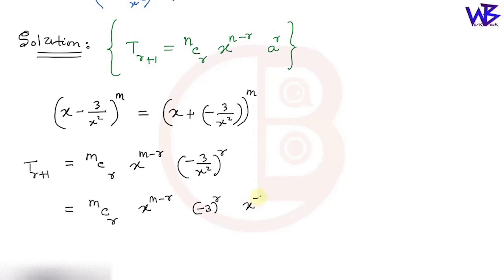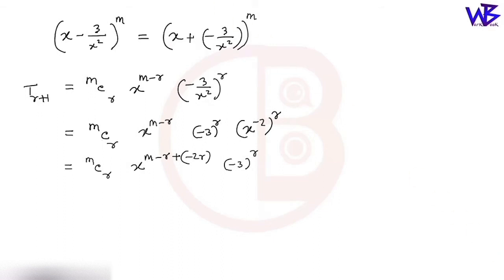So I'll get x to the power minus 2 whole to the power r, which is equal to mCr x to the power m minus r into x to the power minus 2r into minus 3 to the power r, because for any x, x to the power a into x to the power b is equal to x to the power a plus b.